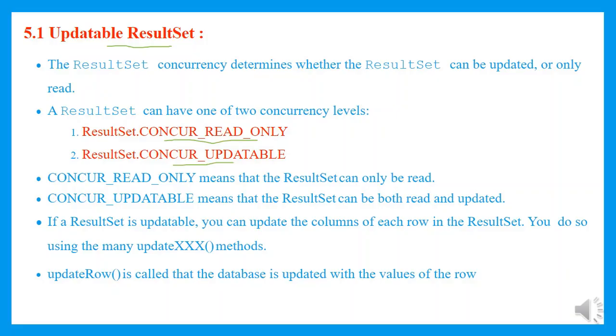Once we pass this, if the result set is updatable, then we can update the columns of each row in the result set by making use of a method called updateX, where X specifies the type of the attribute. Once the values have been replaced, I call a method called updateRow. The updateRow is a method belonging to the result set interface which updates the row in the table. This is about the updatable result set interface.